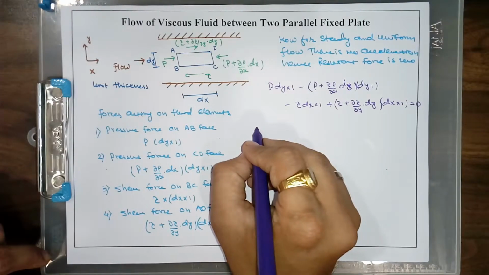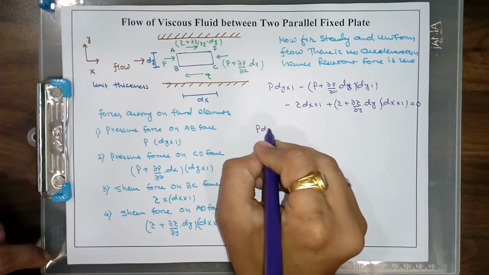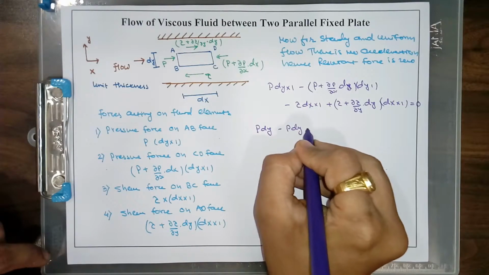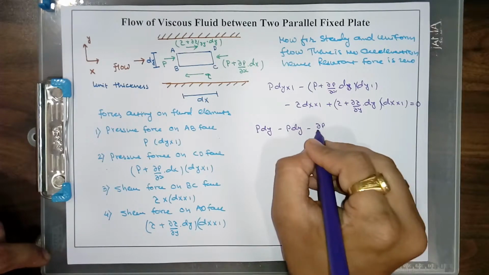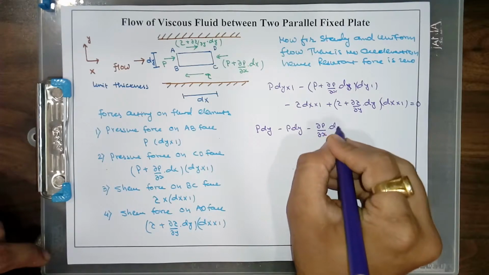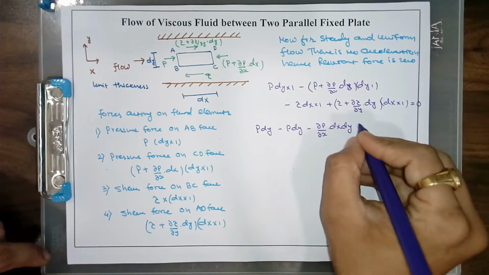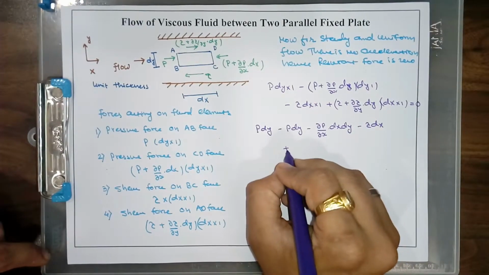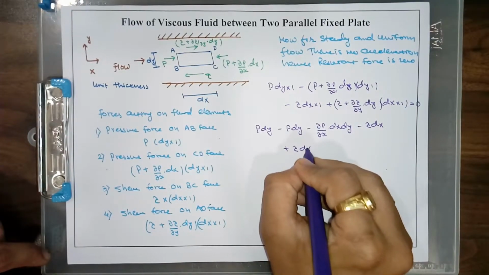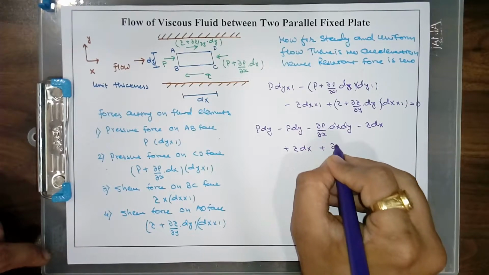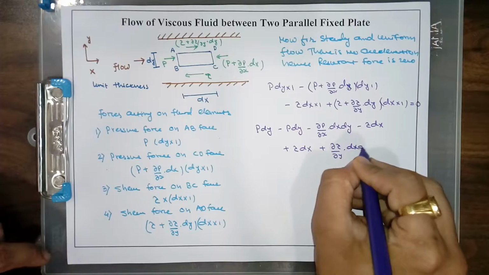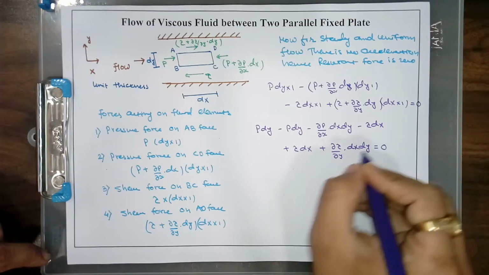Now by simplification we get P dy minus P dy minus del P by del x dx dy minus tau dx plus tau dx plus del tau by del y dx dy equals 0.